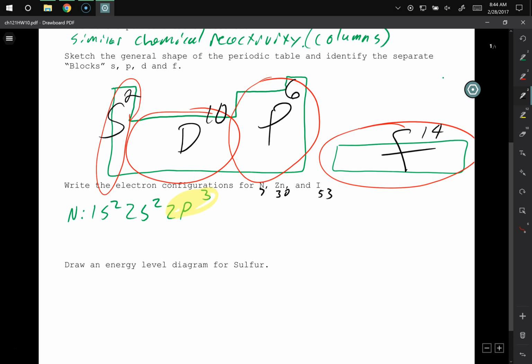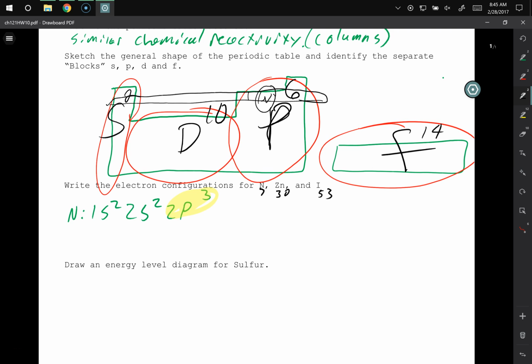So here's my second row, and then this is my P block here, and the third one over will have an N in it. That'll be nitrogen. So that way I know that the last electron I put in is verified by the location on the periodic table. So it's sort of like a quick and easy check.